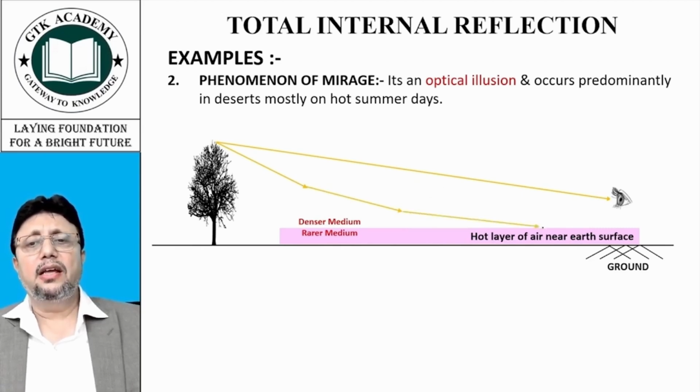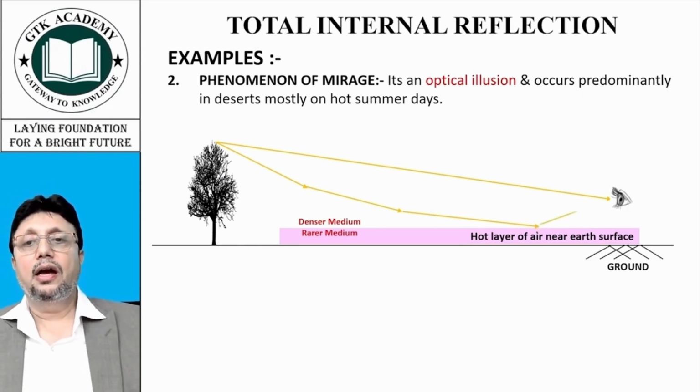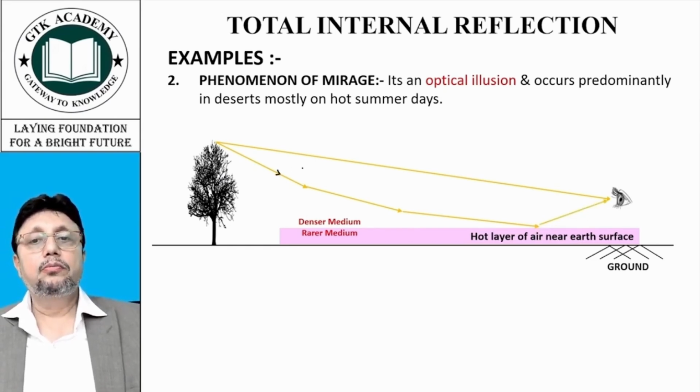And say there is one layer where this angle is more than the critical angle. Then this layer will be totally reflected back, and it will reach the eye like this. Now this ray is coming from the top, but it appears to be coming this way.